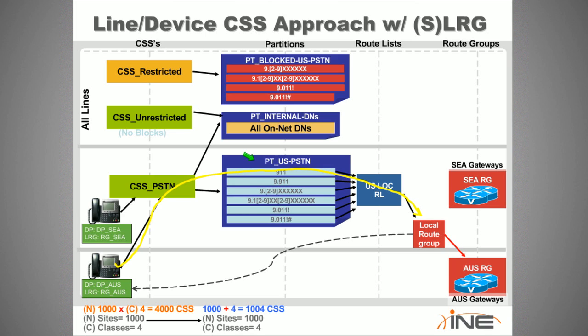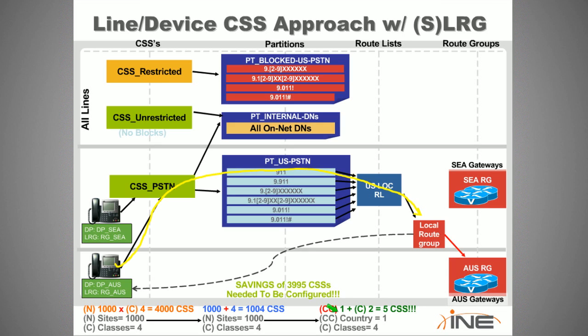We still had 6,000 patterns, 1,000 partitions, 1,000 site-specific CSSs, that was the 1,000 of the 1,004, 4 for the restricted blocked, 1,000 route lists and 1,000 route groups.